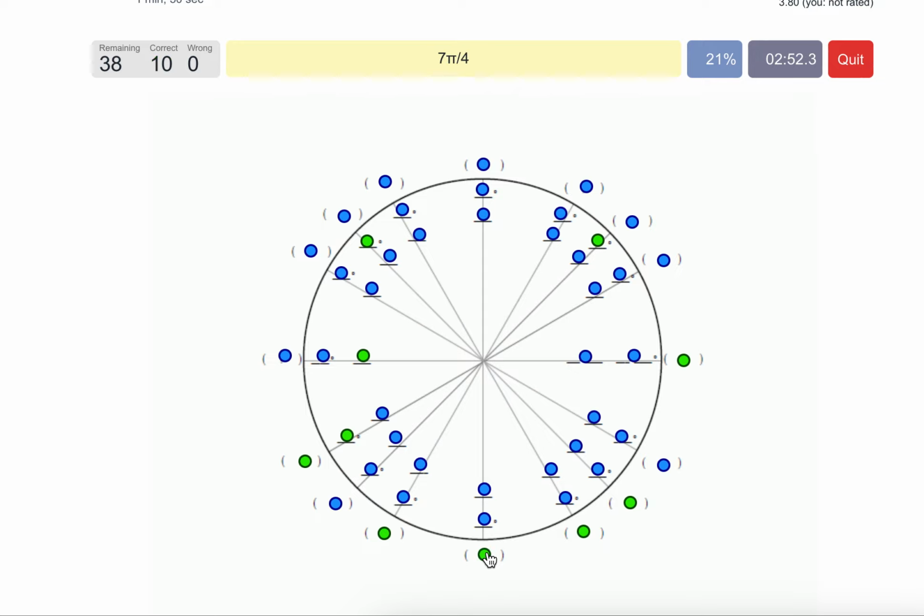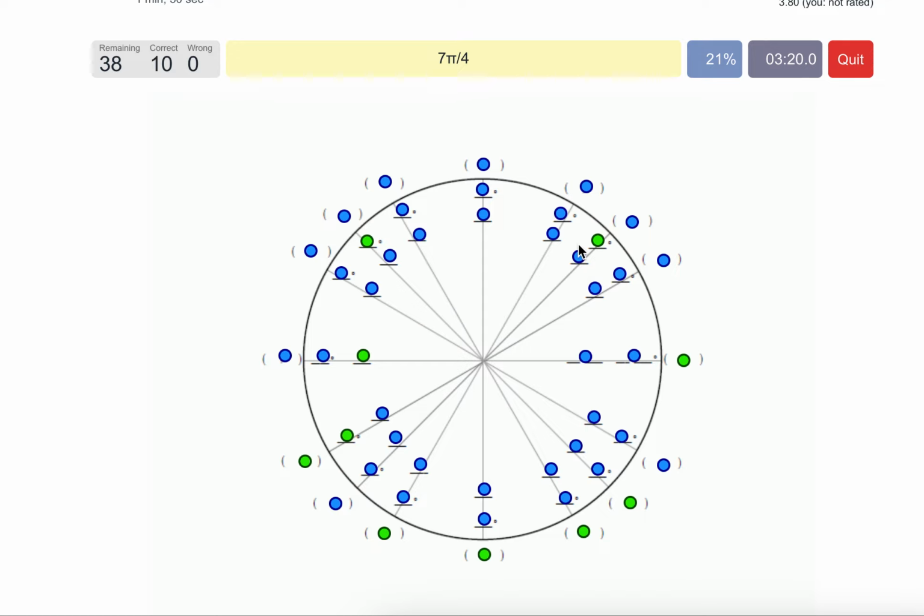Okay, so for this one, it goes pi over 6, pi over 4, pi over 3. So 6, 4, 3. So pi over 4, that's all of the 45 ones.